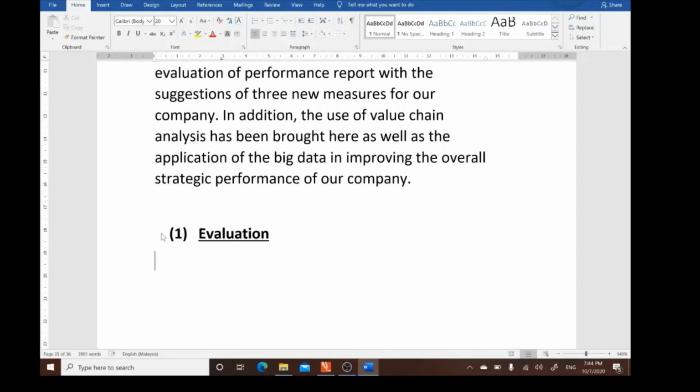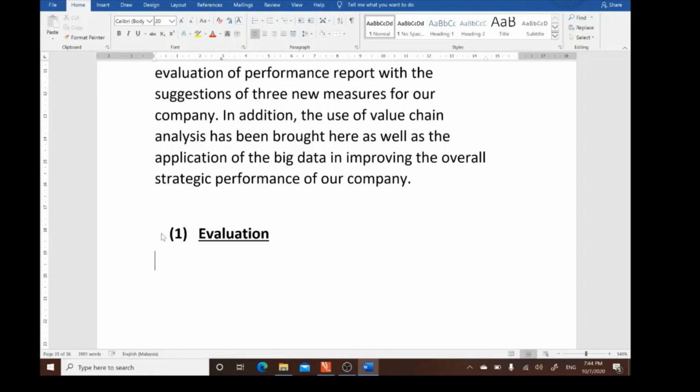If it's with the word performance report, technically you do not need to perform any comparison between the company's performance. But we are talking about whether there are any measures, because measures mean the key performance indicator. And from this KPI, we're able to measure the achievement of the CSF and the final goal. That seems to be very important here.